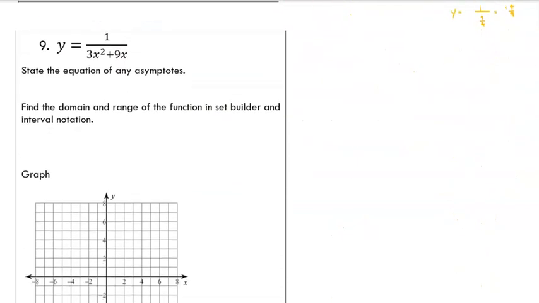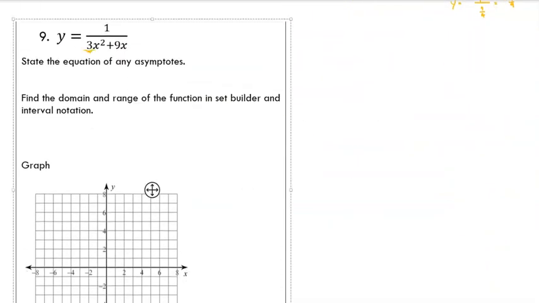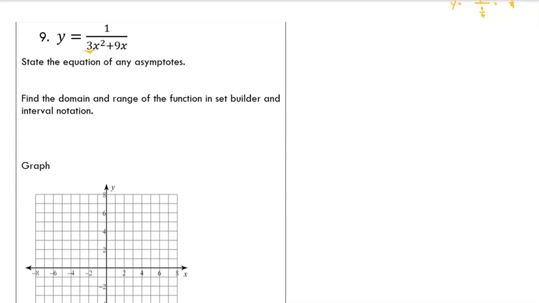This one, we have a positive a, which means I can just make an assumption that with the vertical asymptotes we're going to have a concave down parabola, and then we're going to have something like this.